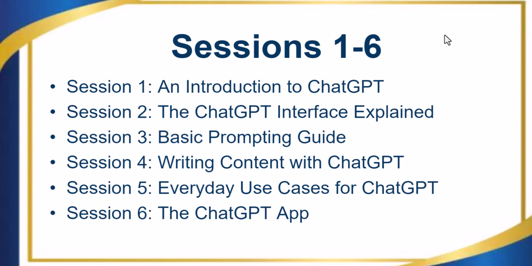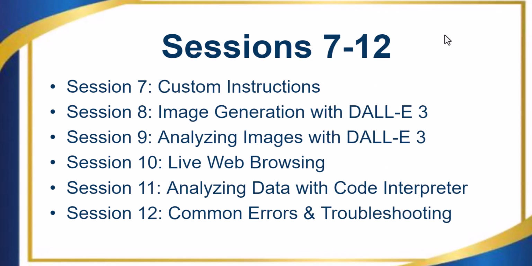You can take pictures and upload them to be analyzed. You can just talk into the app and basically use it for transcription, so you don't need to type your prompt. You can just speak it. You can have almost a voice call with ChatGPT, which is also really nice. So we'll cover that. Session 7 to 12.